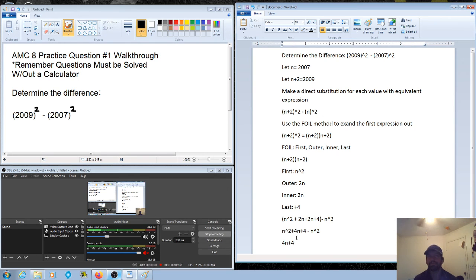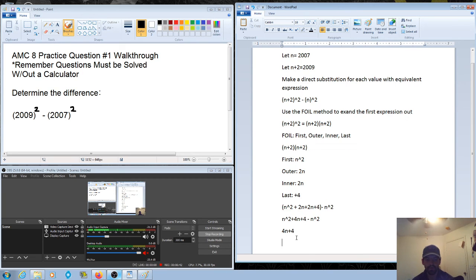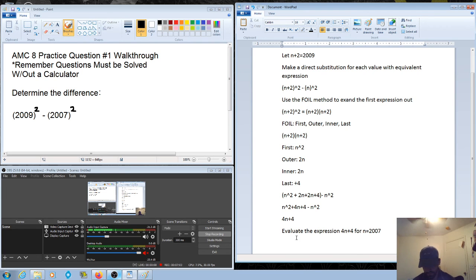Now we have created a situation that is so much easier to calculate mentally, because all we have to do is evaluate the expression 4n plus 4 for n equals 2007, which is what we stated in the former part of this question. So now we evaluate. We have 4, and substitute n with 2007, plus 4.